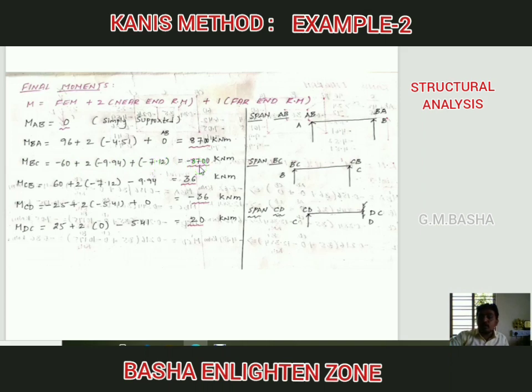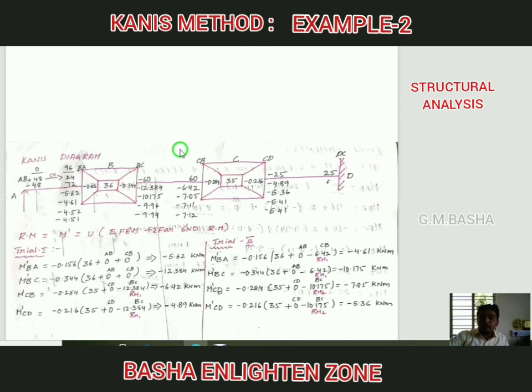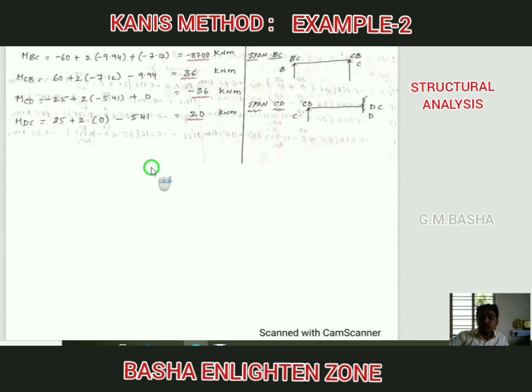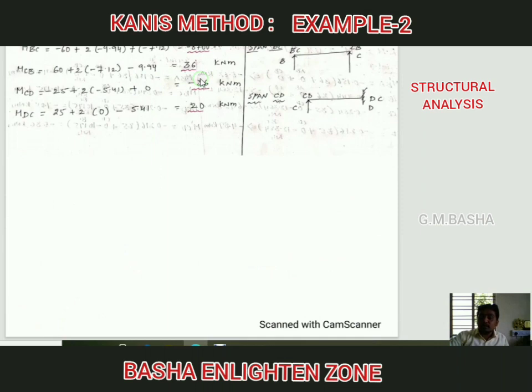If you simplify this, you will get minus 87 kilonewton meter. Similarly, for CB the final moment: fixed moment 60 plus 2 into its near end rotation moment minus 7.12 plus 1 into its far end rotation moment minus 9.94. If you simplify, you will get 36 kilonewton meter.